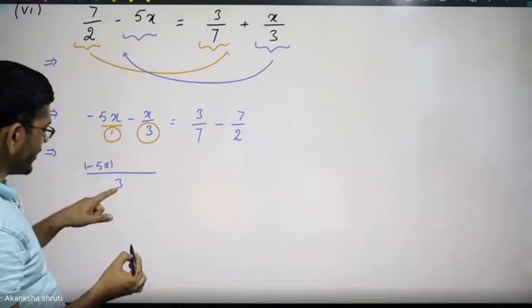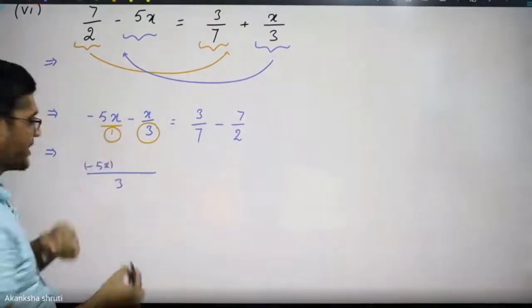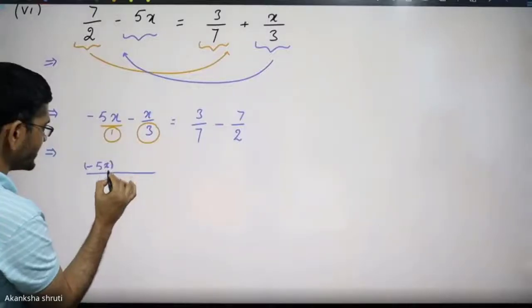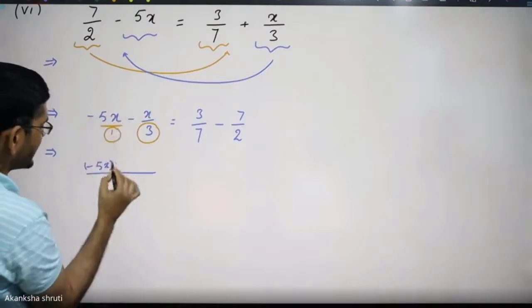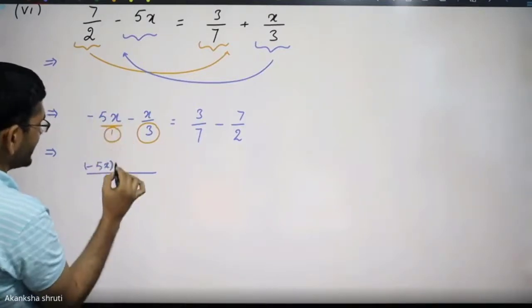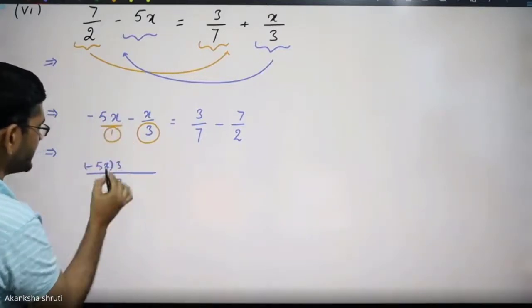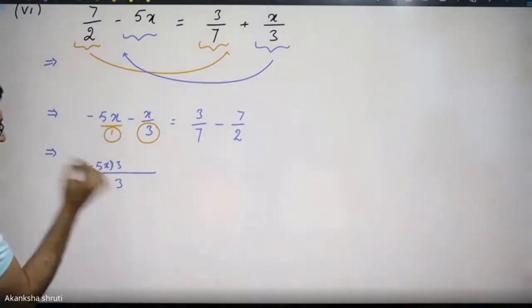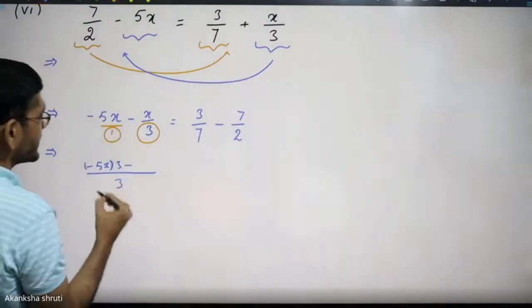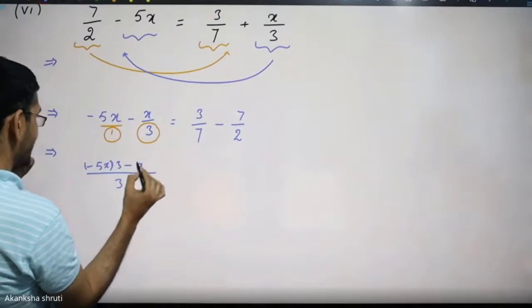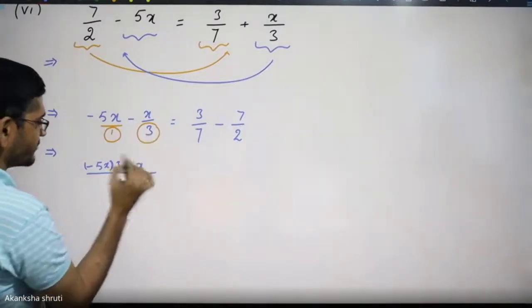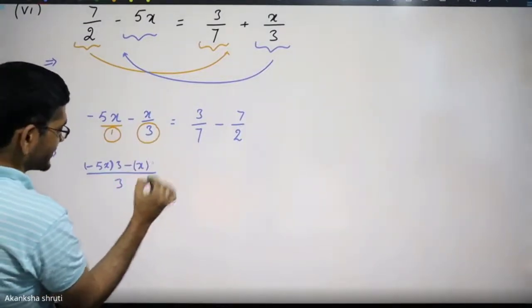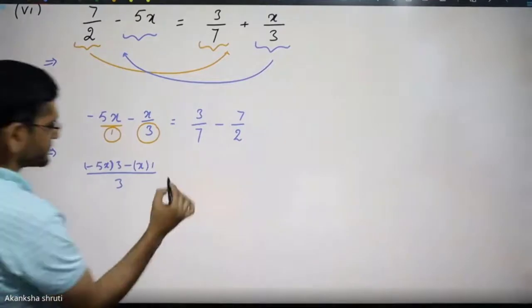This 1 will go in this 3, it will be 3 times. So that 3 we need to multiply with this minus 5x. So write the 3 here. Keep it inside the bracket because it is negative, to avoid confusion. Minus x is already there. This 3 will go only one time. So this has to be multiplied with 1.